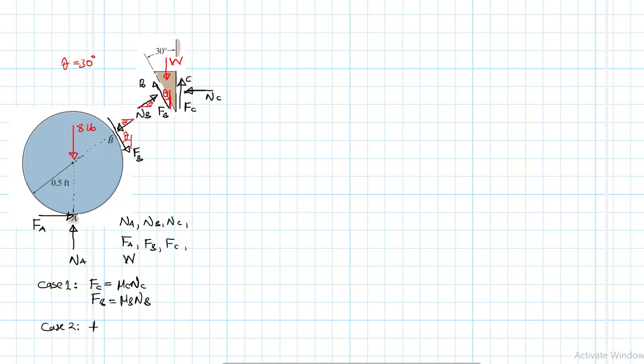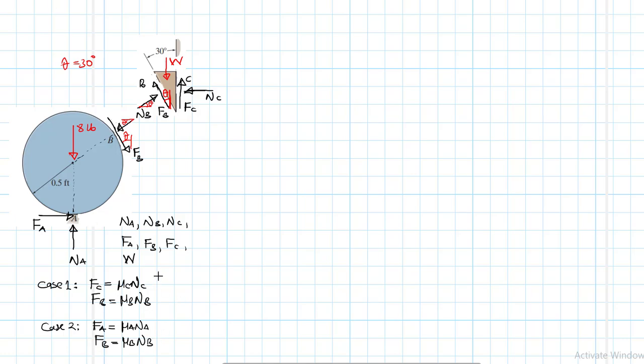It doesn't matter how you add them up. The second case is that we are assuming at A there is impending motion, therefore we'll have FA equal to mu A NA, and we are also assuming at B there is impending motion, therefore FB equal to mu B NB.